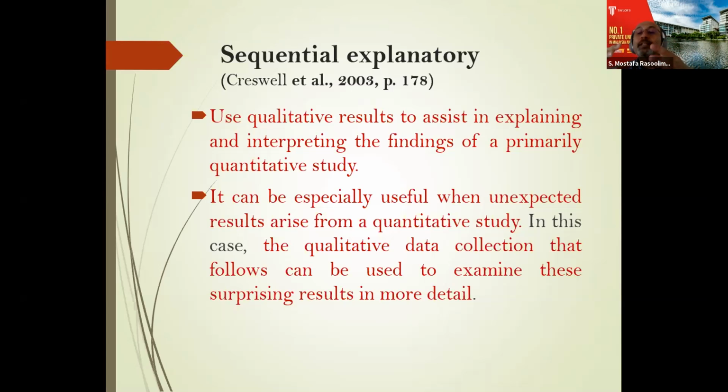Both can happen together. This is another type of mixed method design. So if from the beginning we know we want to collect data for both, it will be concurrent, won't be sequential. We don't need to wait for the result of quantitative to start qualitative, right?